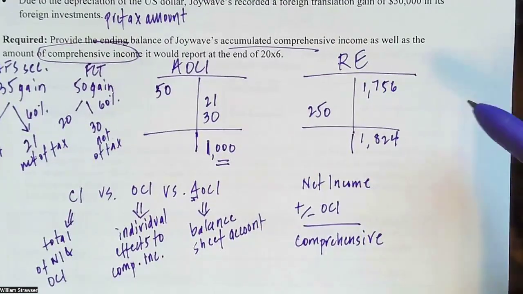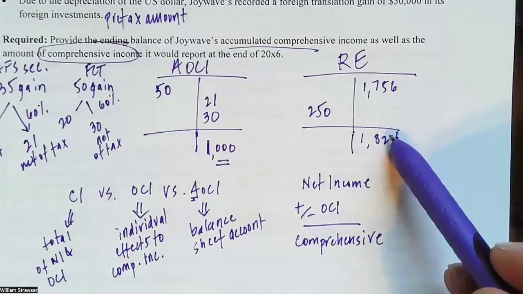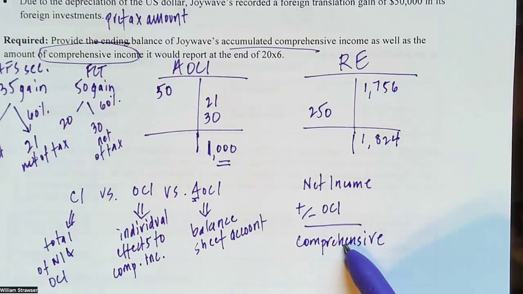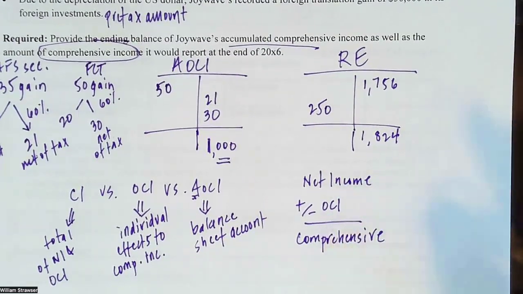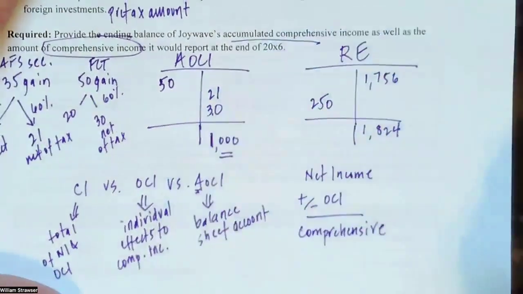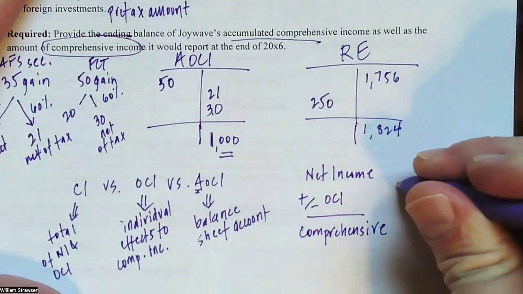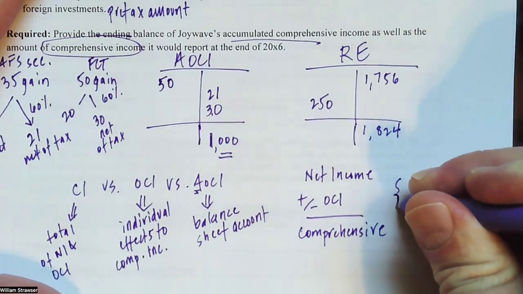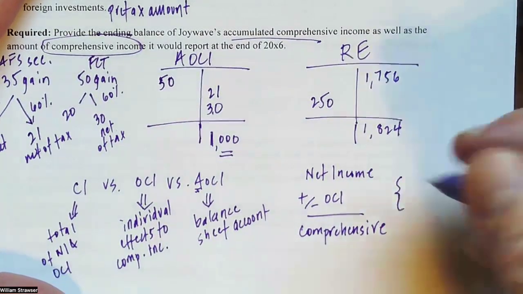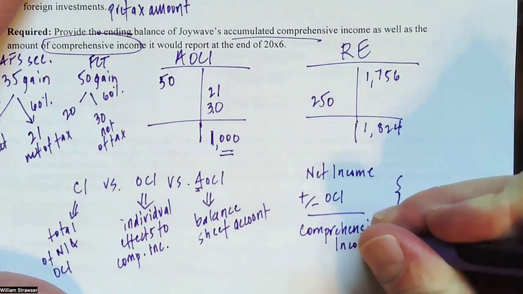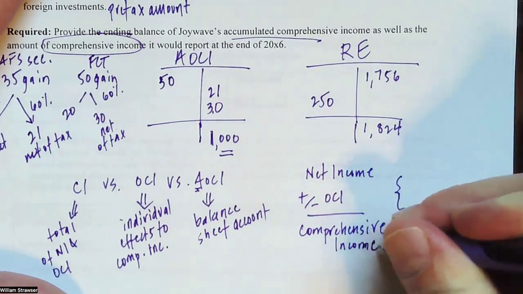All right, retained earnings. If we want comprehensive income, we have our OCI, right? So that is just the 21 and the 30 for this period. Because remember, net income as well as comprehensive income are periodic totals.